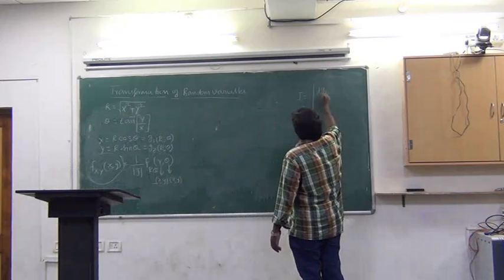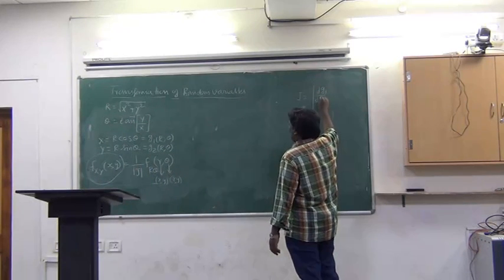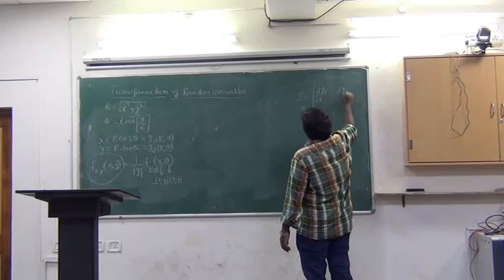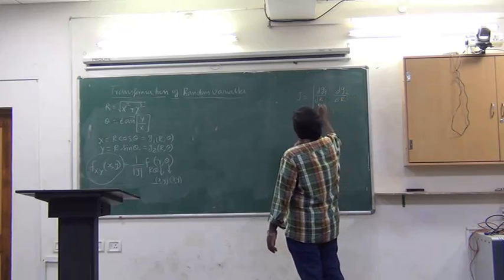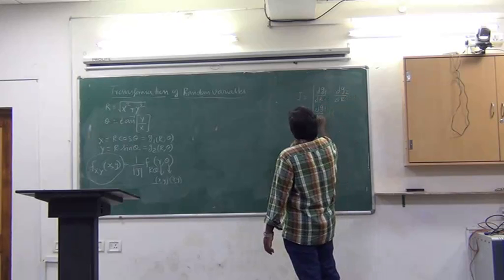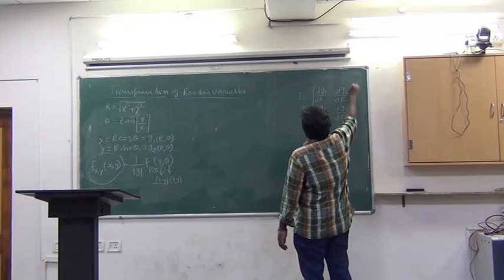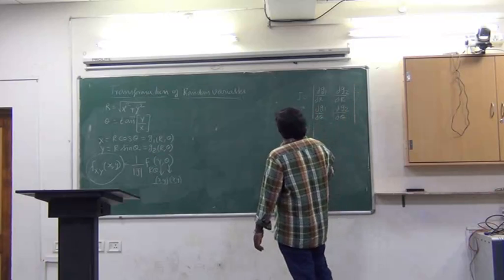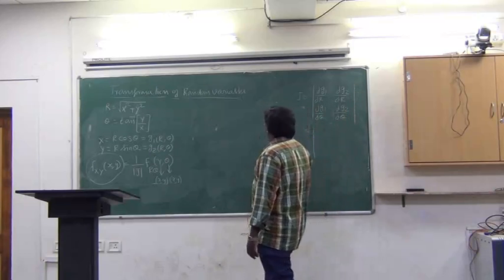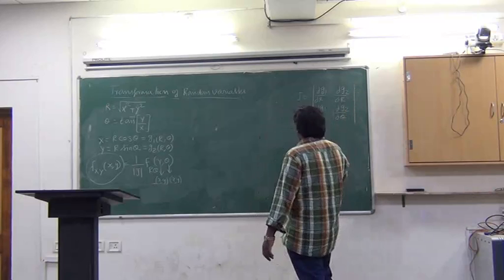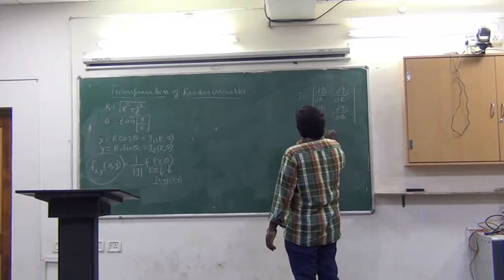Dou g1 by dou r, dou g2 by dou r, and dou g1 by dou theta, dou g2 by dou theta. Differentiating g1 with respect to r, it is cos theta.